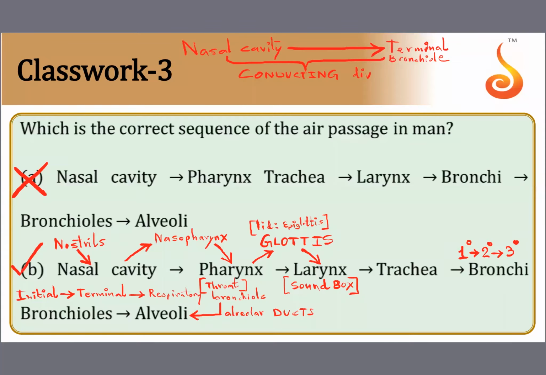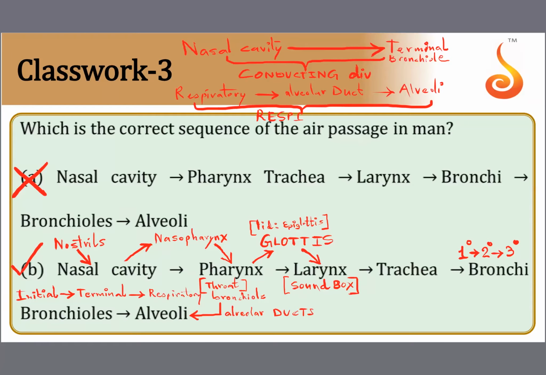So whichever part of your respiratory system only helps in passage of air, that is called conducting division. Then you have the respiratory bronchiole, the alveolar duct, and lastly the alveoli. So these three parts together, we call the respiratory division.